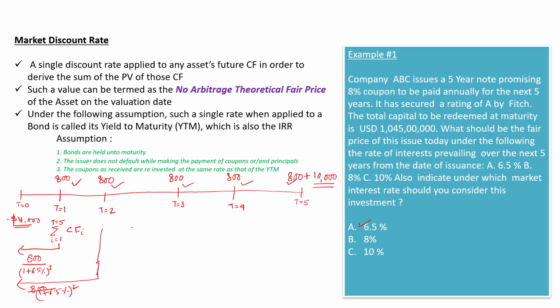In this fashion, if you keep on representing, the third becomes 800 divided by 1 plus the market discount rate of 6.5% whole cube, then the fourth to the power 4, and this becomes 800 divided by 1 plus 6.5% whole to the power 5. Plus, of course, we have the present value of the initial principal that we had invested.